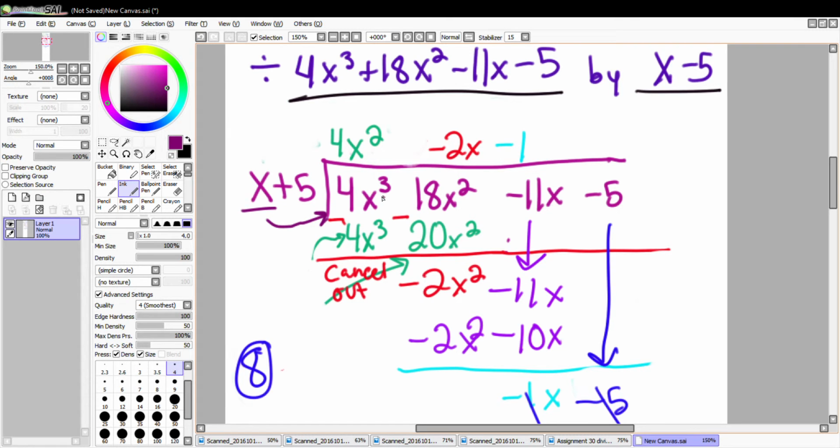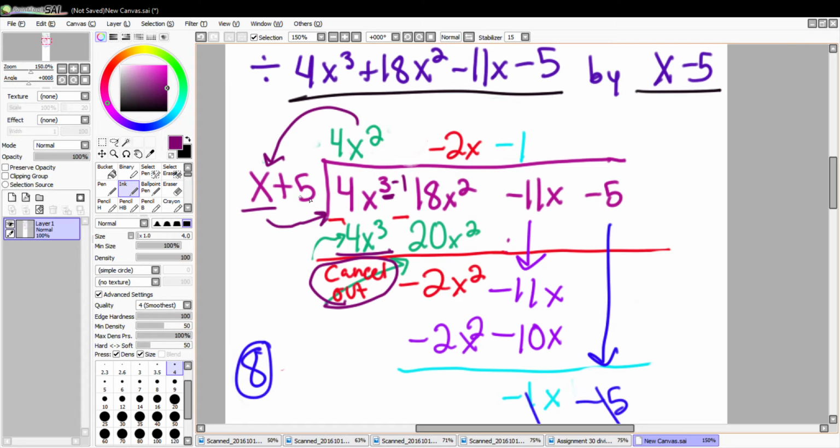Well, because we have an exponent right here, we know we just subtract that by 1, and we get 4x2, right? So then we multiply this 4x2 up here back into our x, drop it down right here, and we get the 4x3. Those are going to cancel out, as you can see.